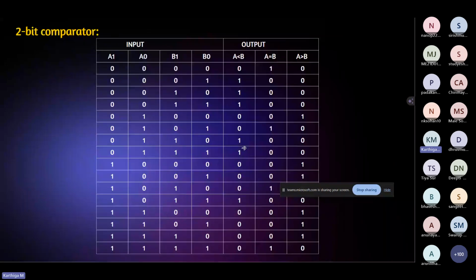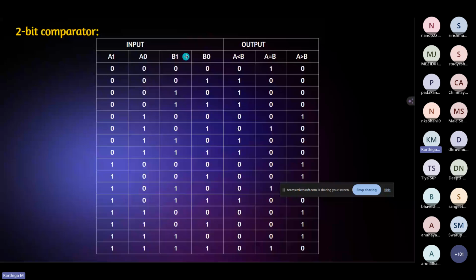Now moving on to a 2-bit comparator. Any n-bit comparator works by comparing 1 bit at a time, starting from the most significant bit and moving on to the least significant bit. So let's say if we are taking a 2-bit comparator, A1, A0 is the first binary number, B1, B0 is the second binary number.